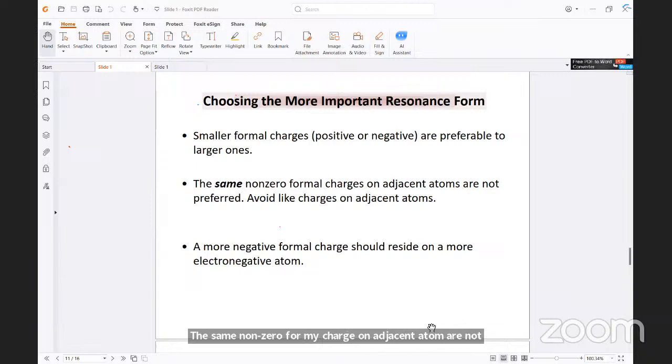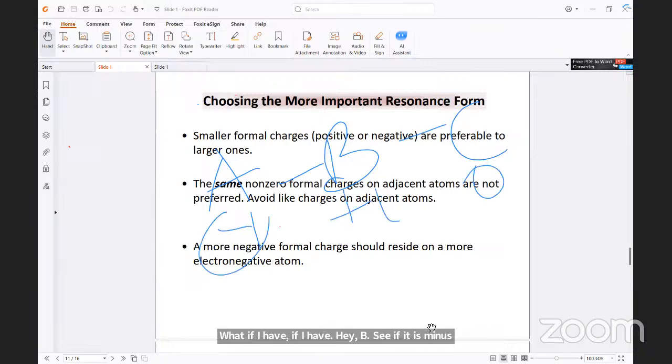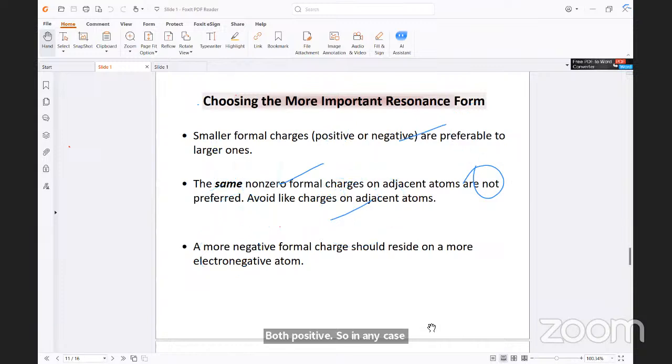But if I have A, B, C, and it is -1, +1, 0, this is still okay because they are not the same charges. They are not both negative or both positive. So in any case, you avoid positive, positive or negative, negative with each other.